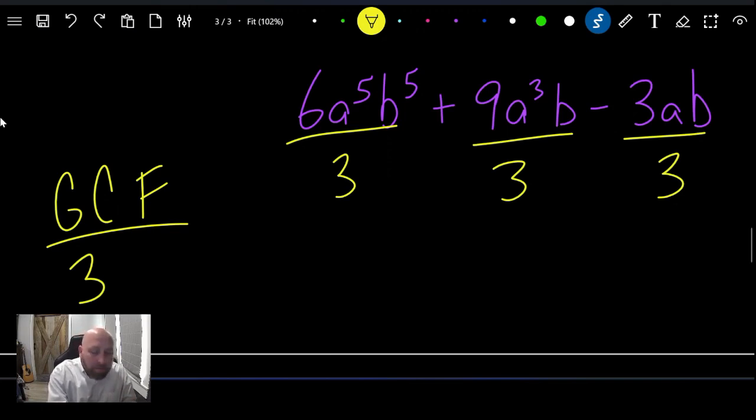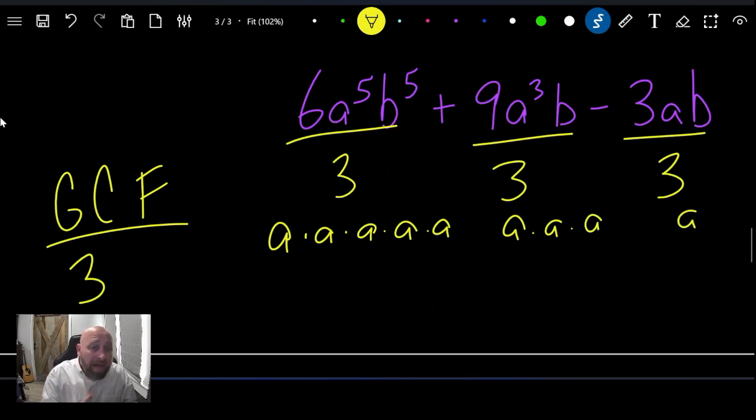It's not going to be the A to the 5th because there's 5 A's in this one, A times A times A times A. There's 3 A's in this one, and there's only 1 in this one, so it has to be common. In other words, there's only 1 A that's common in all of them. That's important to remember. So we have an A, and then we would do the B's.